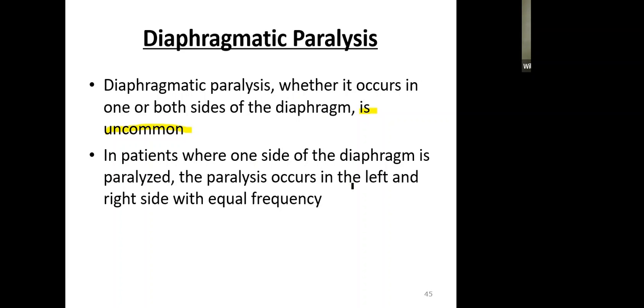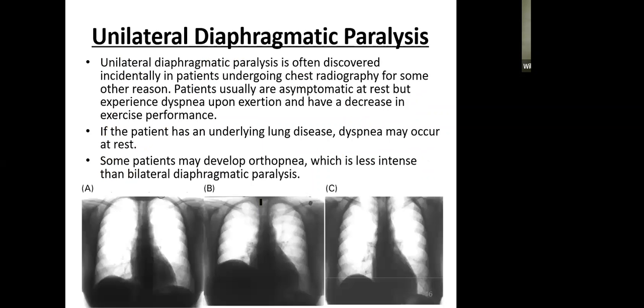In patients where one side of the diaphragm is paralyzed, the paralysis occurs in the left and right side with equal frequency, so it can happen on either side. I'm going to show you how unilateral as opposed to bilateral paralysis appears and exactly why it appears the way it does.